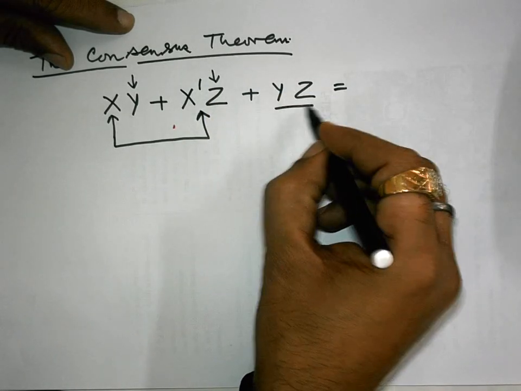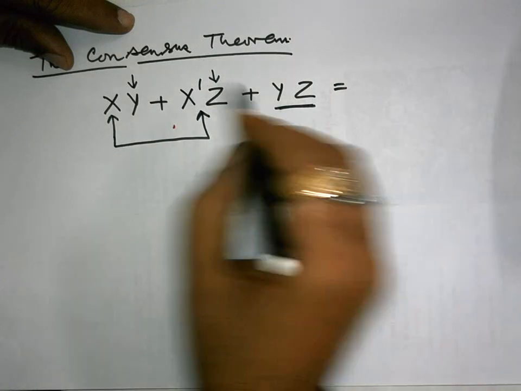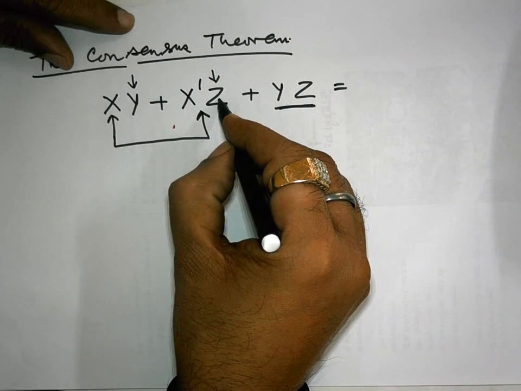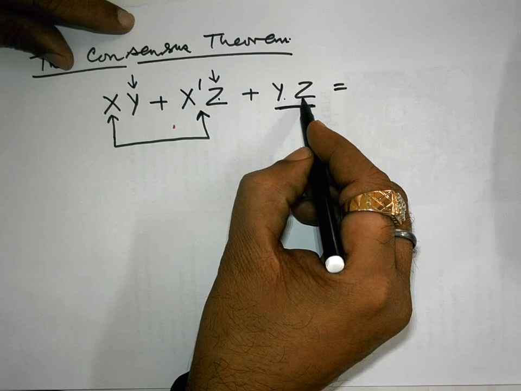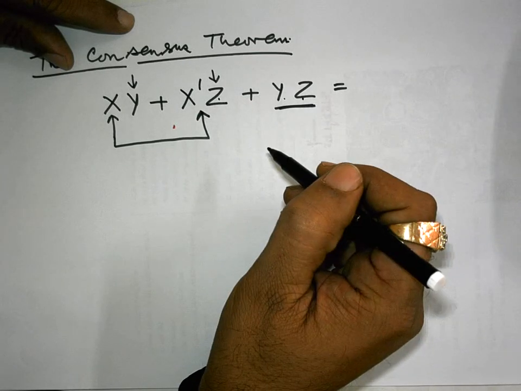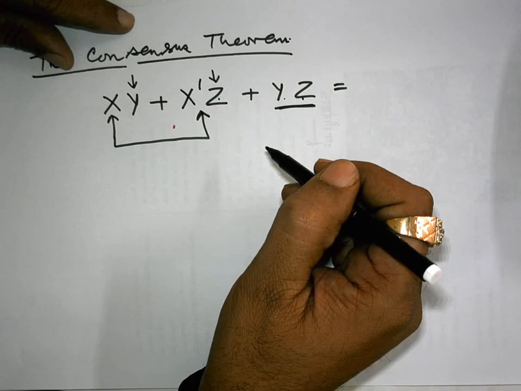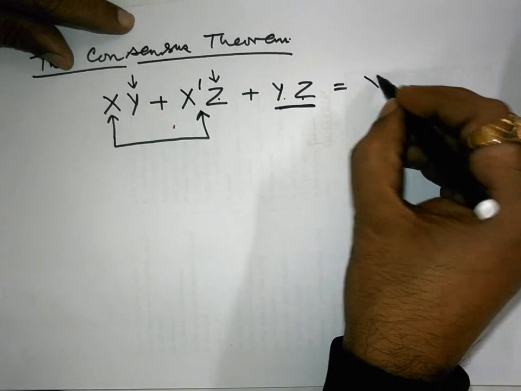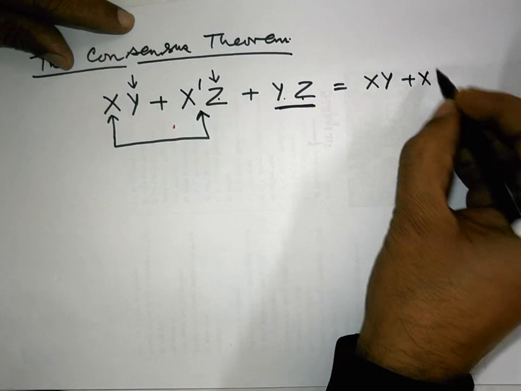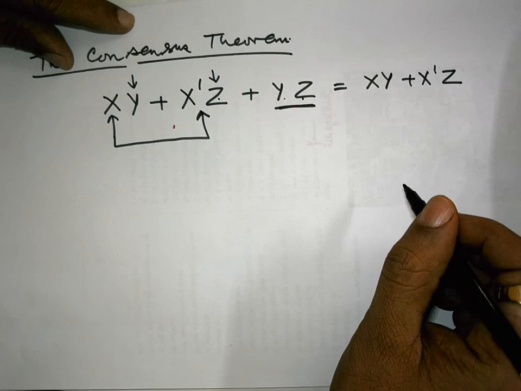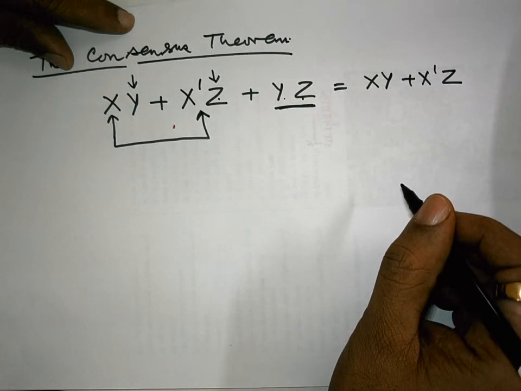If you get another term which consists of only y and z, so this yz term is redundant, meaning extra. It can be eliminated and the reduced expression is xy plus x bar z. This is called the consensus theorem.